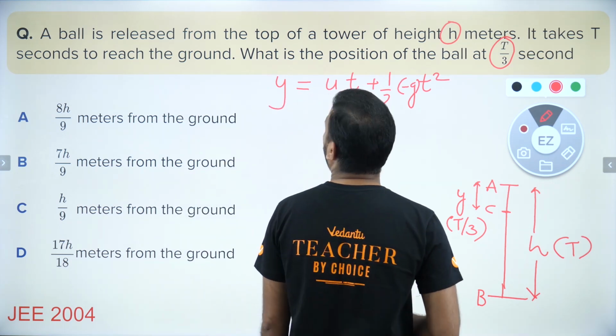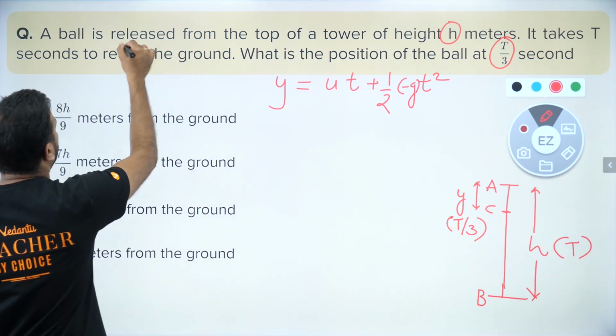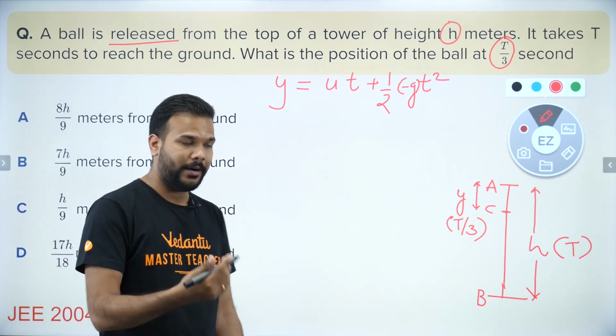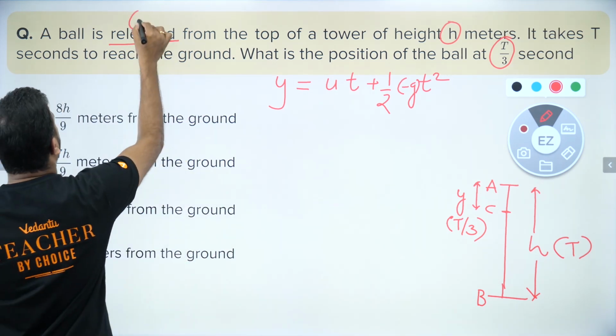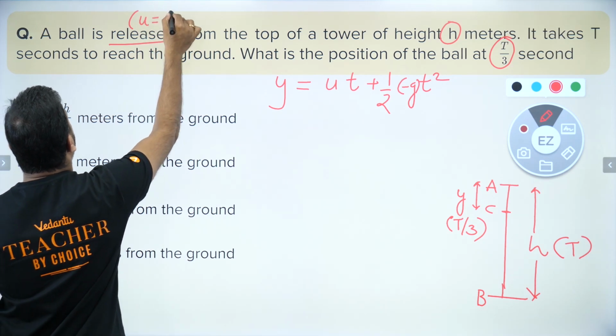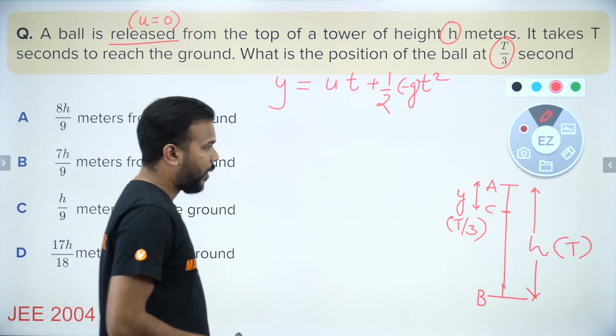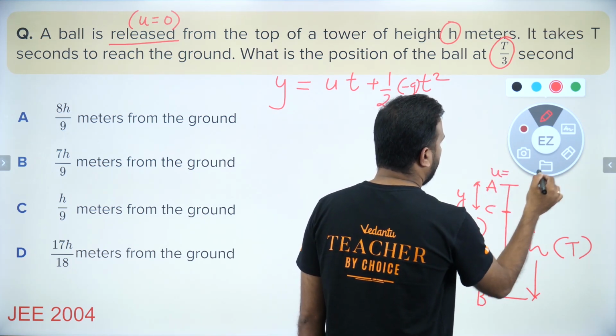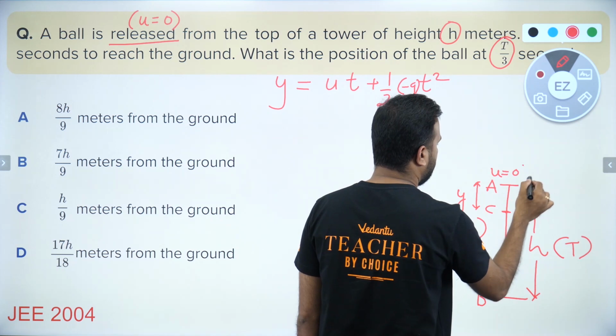Because the ball has been released, whenever in a question the ball or the body is just dropped or released, the initial velocity of the object is taken as 0. Please remember that. That means the velocity at A, which is u, is nothing but 0.